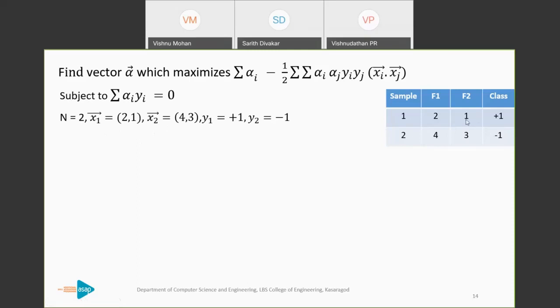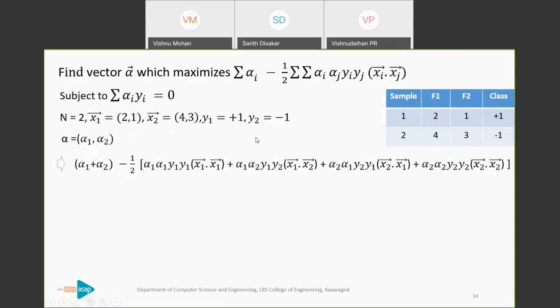Now y1 is positive 1 and y2 is negative 1. And you have only two samples over here, so we know that the Lagrangians depend on the number of samples. So here you have alpha 1 and alpha 2.